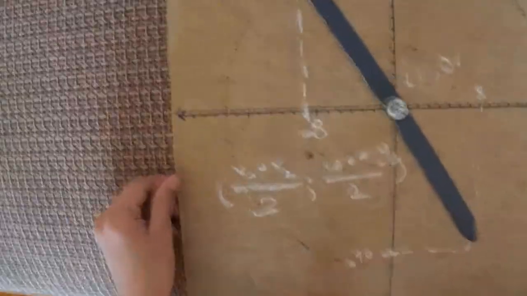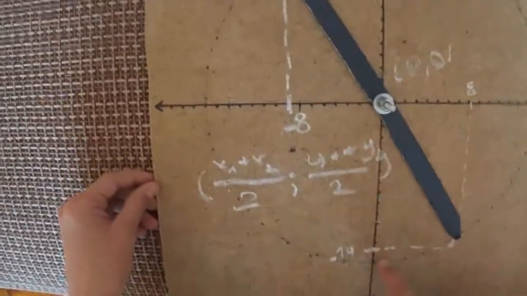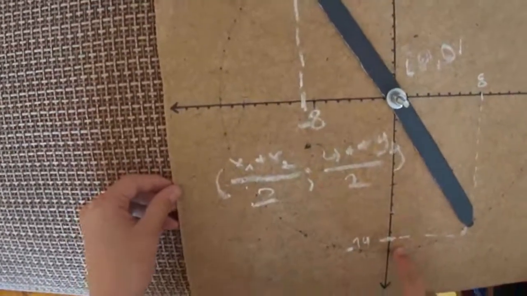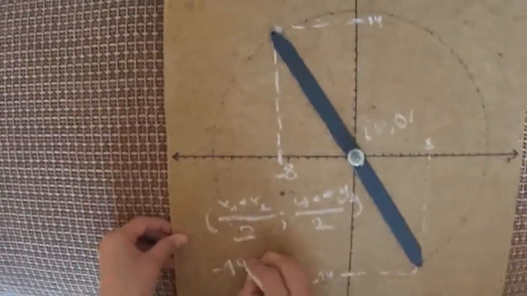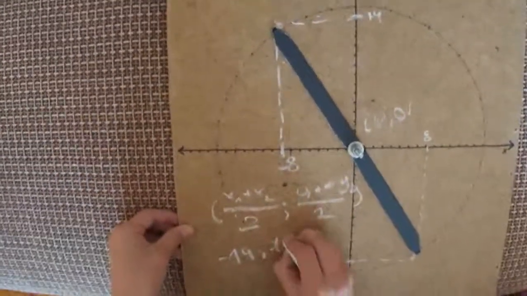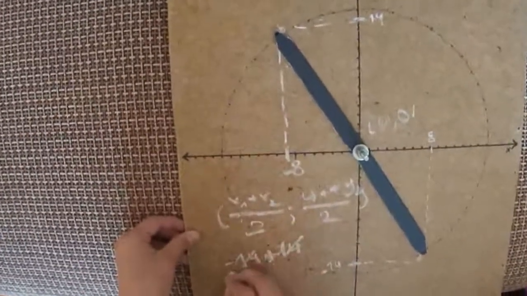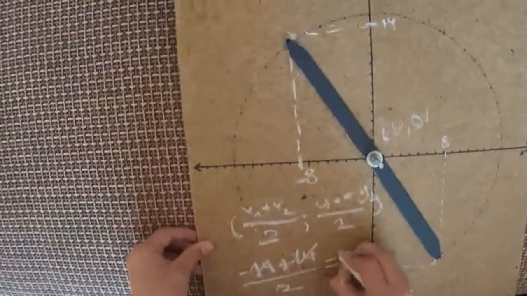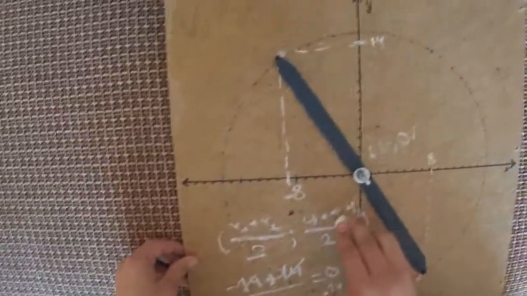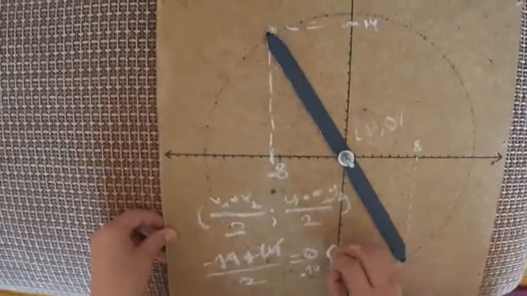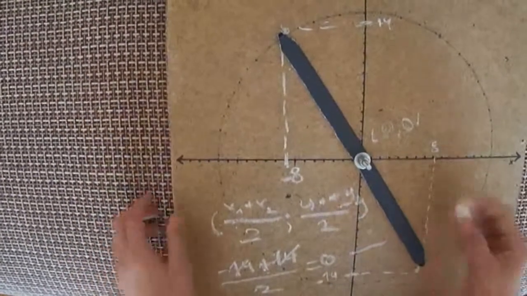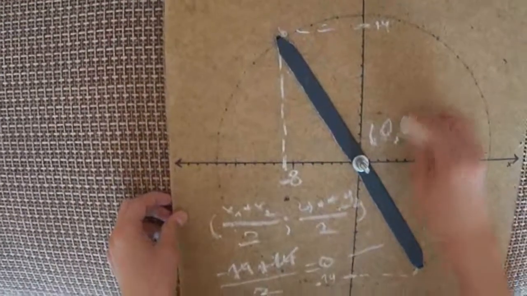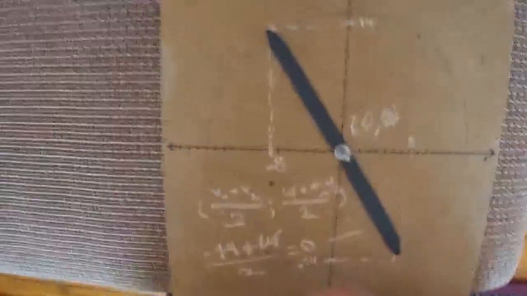And you see on the y axis, this is 40, and this will be minus 40, plus it, and it will be 0. And that coordinate is minus 8 and 8, and plus it will be 0, and 0 over 2 will be 0, and in the circle it will be at 0 and 0. That is the midpoint of the circle.